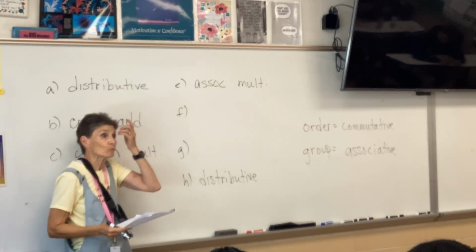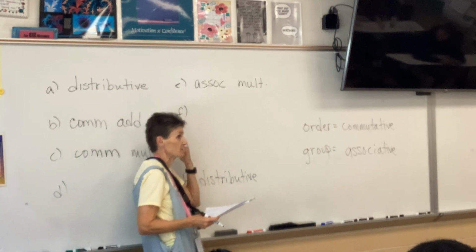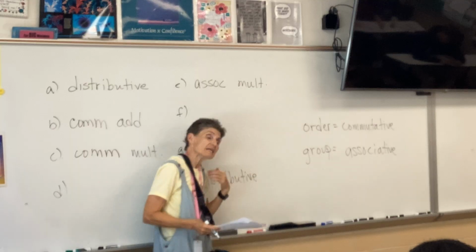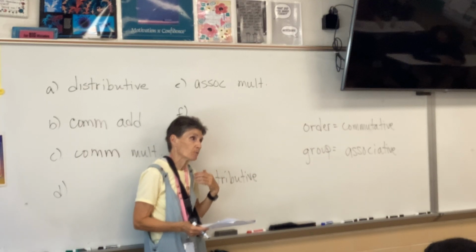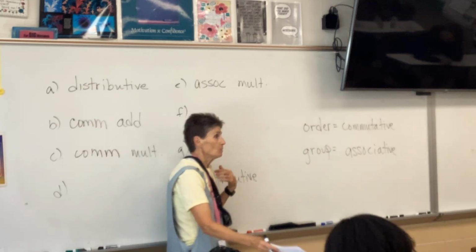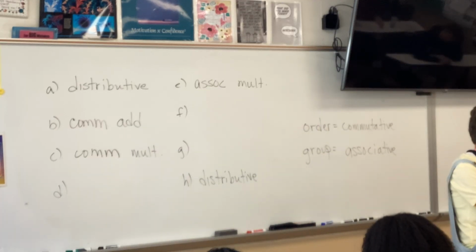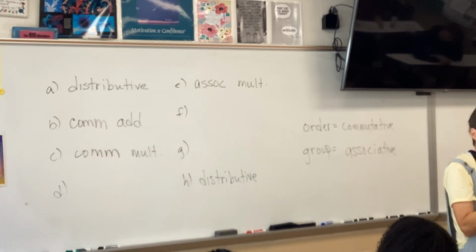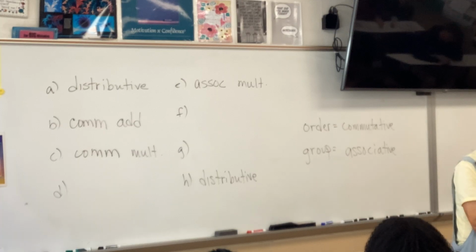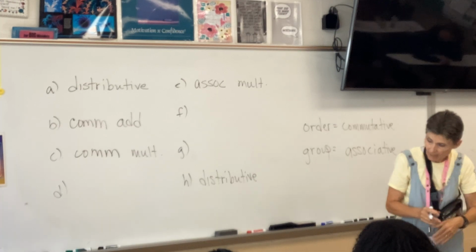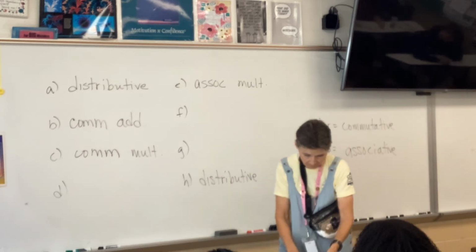We regrouped, moved the parentheses, regrouped in a multiplication. What does commutative mean? Commutative means things change places. What does associative mean? They got grouped differently. All right, I'm ready for another one.